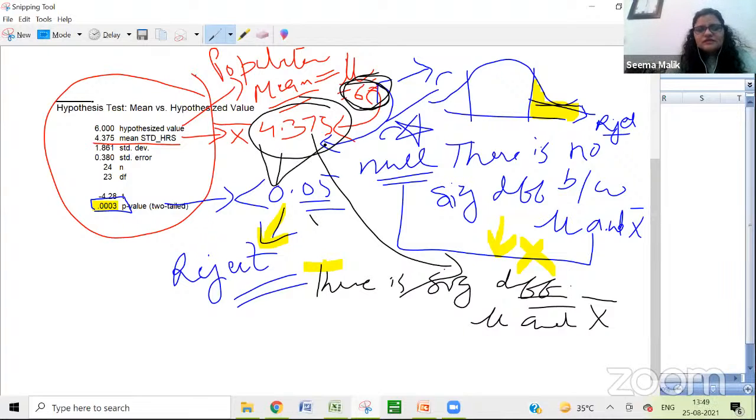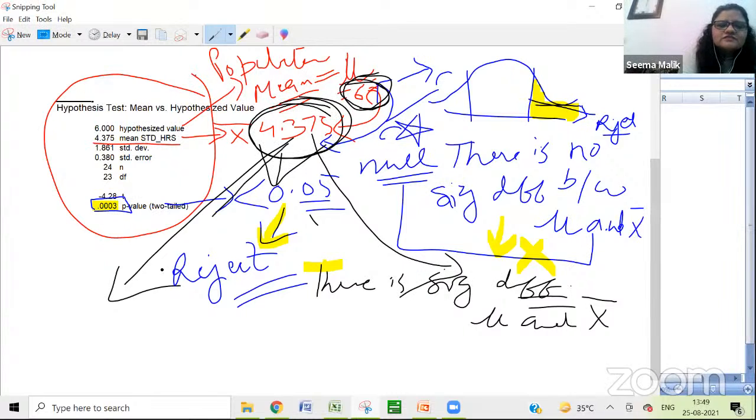It means there are some other conditions prevailing in your sample. There are some other factors in your sample which are responsible for this low value of study hours.